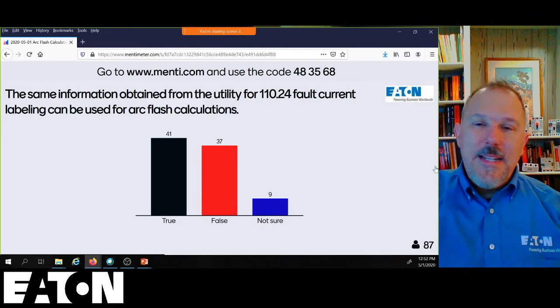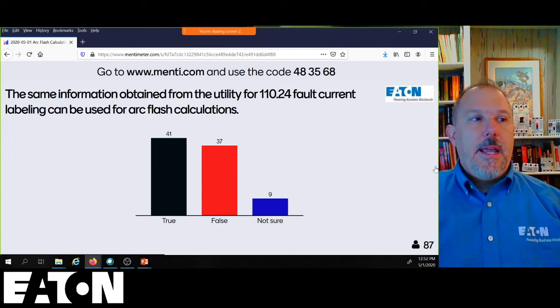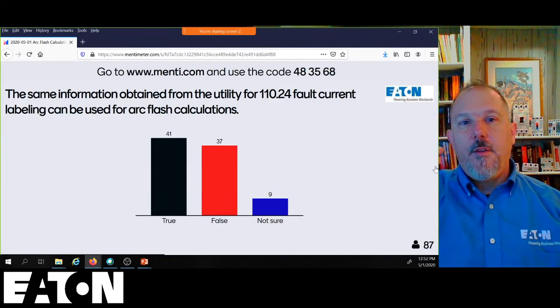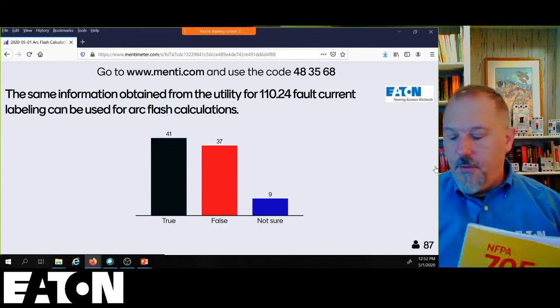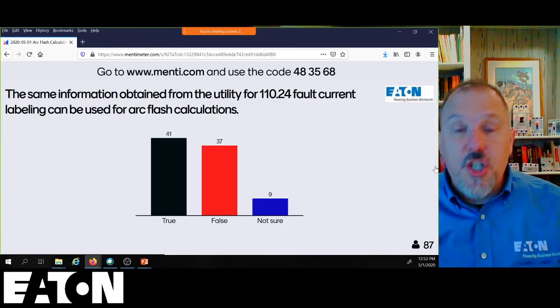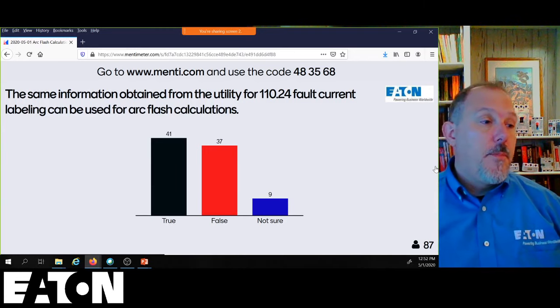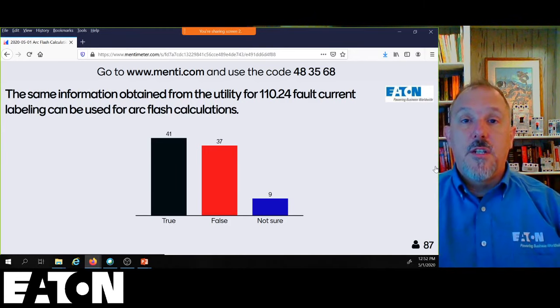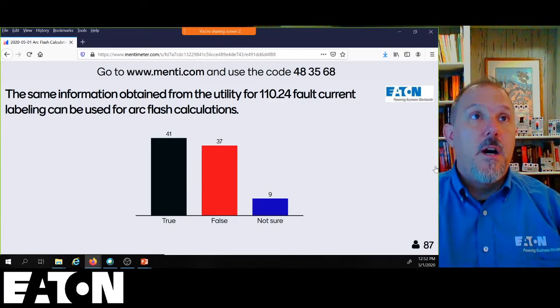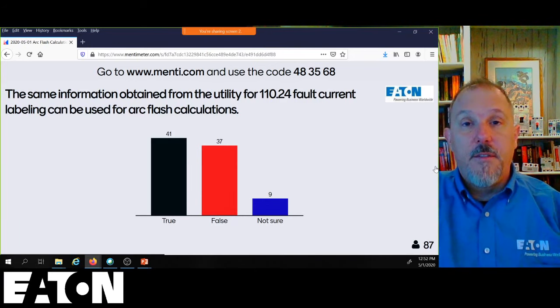And remember, 110.24 is a number that a lot of times the utility is going to give you. If you ask them for available fault current, they're going to make an assumption, or they may not make an assumption anymore, but they're going to give you the maximum, which is going to be based upon the infinite bus on the secondary of their transformer.